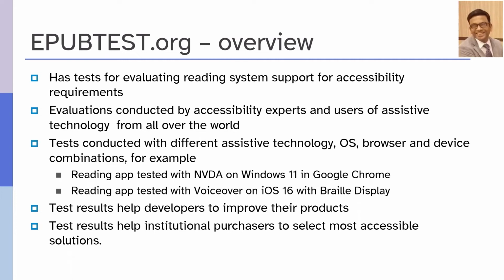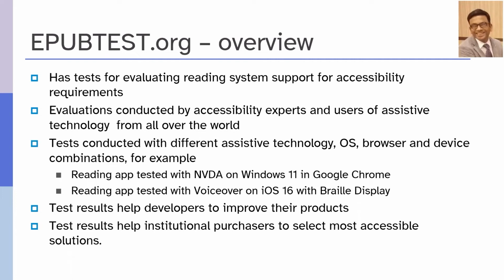And you will find their test results on epubtest.org. Many apps for the mobile platform have also been tested, apps for Android as well as iOS. And the testing has been done with different screen readers and also with some braille display devices.